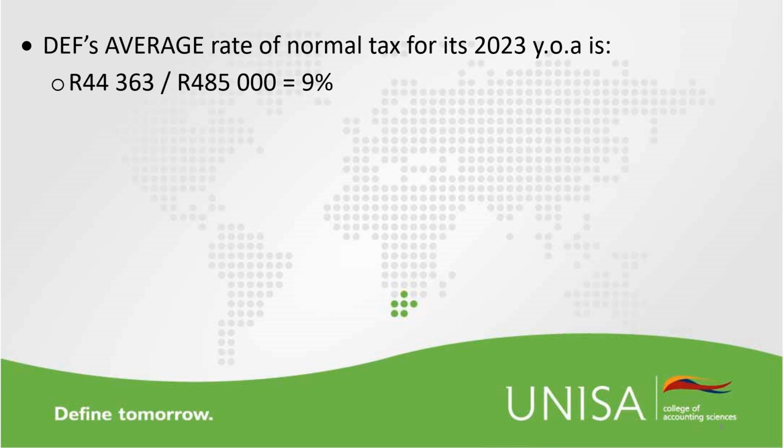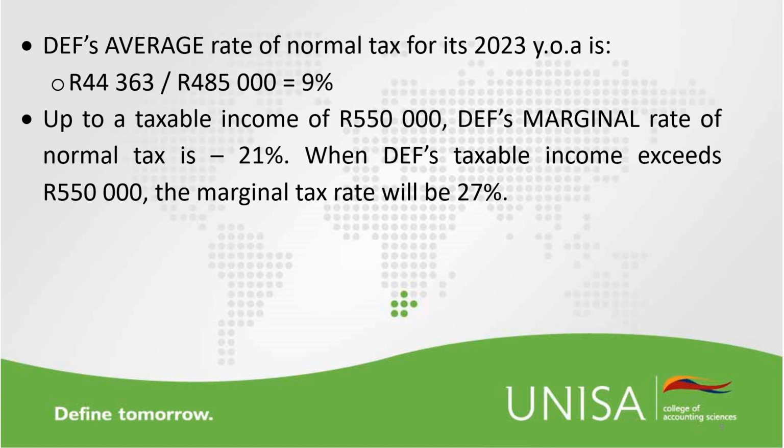DEF's average rate of normal tax for its 2023 year of assessment is 9%. And you get to the 9% by dividing the total tax payable, 44,363, by the total taxable income of 485,000 rand. Up to a taxable income of 550,000, DEF's marginal rate of tax is 21%.